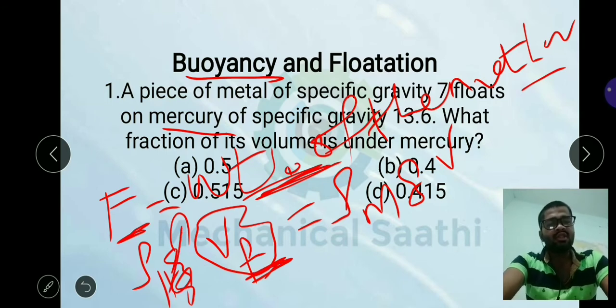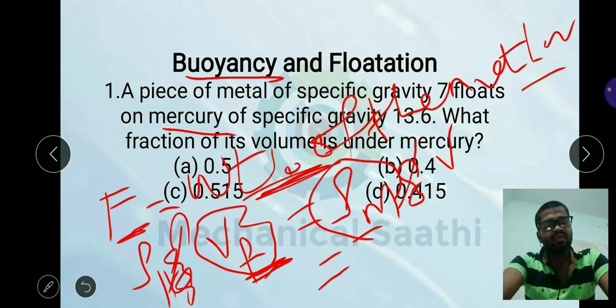Here g and g can be cancelled. If we divide rho of the metal by rho of Hg, then we can calculate the portion of volume that is inside the mercury.